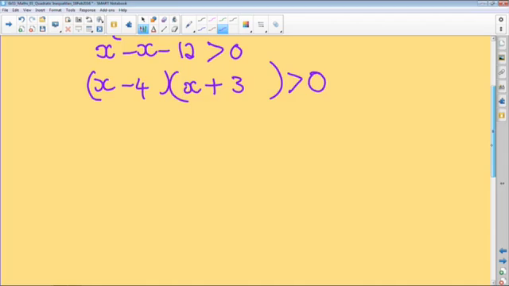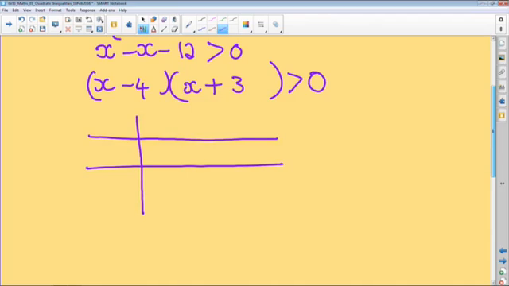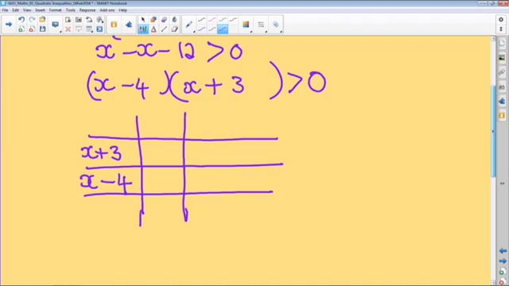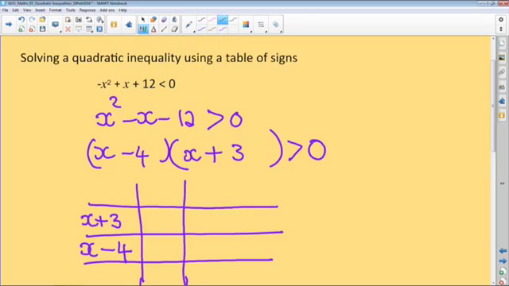Now, your table. I'm going to have the x plus 3 and the x minus 4. Now, what will make this 0? I'm going to have a minus 3 there.